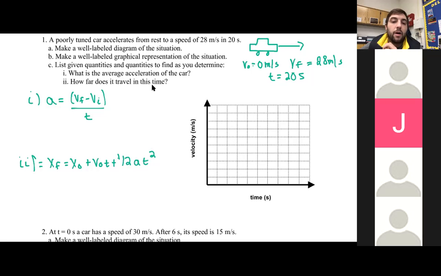Catherine, yes, you multiply velocity initial times the time for vot. I don't realize that can be confusing over text.